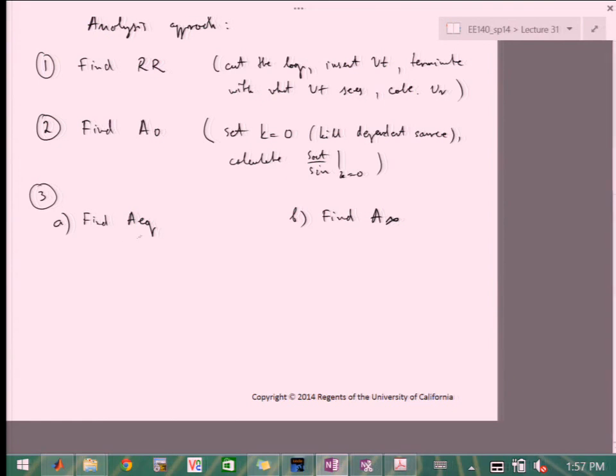The way we find A equivalent, we set signal S in to 0, calculate output load, and then also setting S out equals 0 and calculate input load.